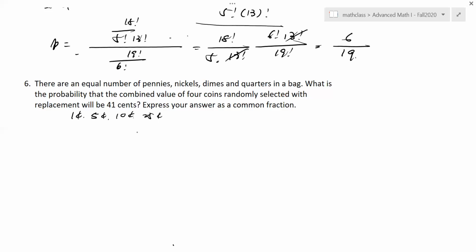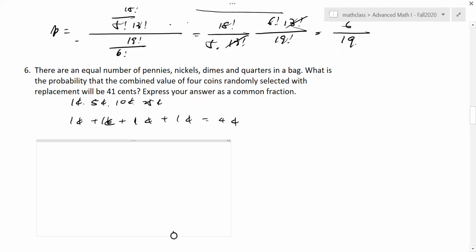It can be repeated, it can be 1, 1, 1, 1, but then that's only 4 cents here. How do you get 41? I think we add them together: 1 cent plus 5 cents plus 10 cents plus 25 cents is 41 cents.